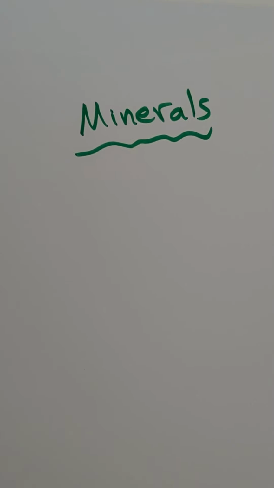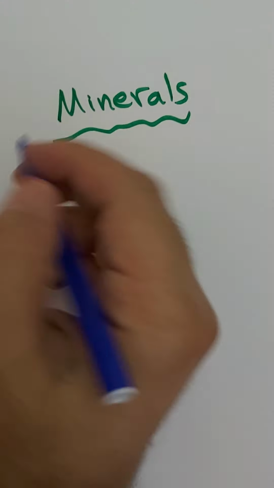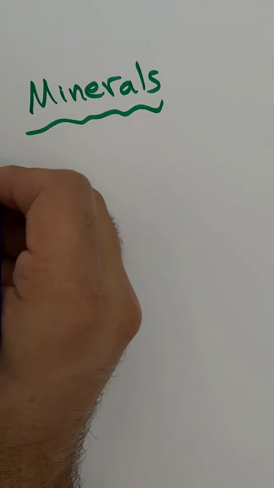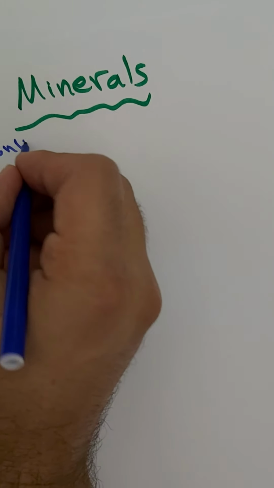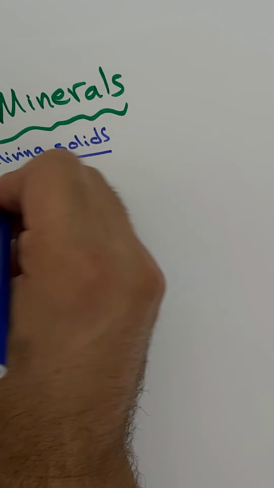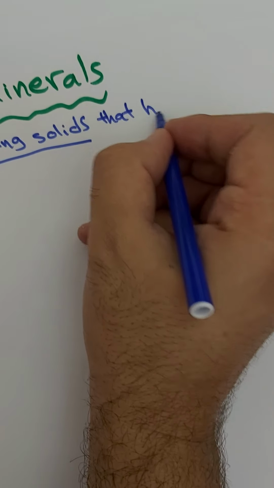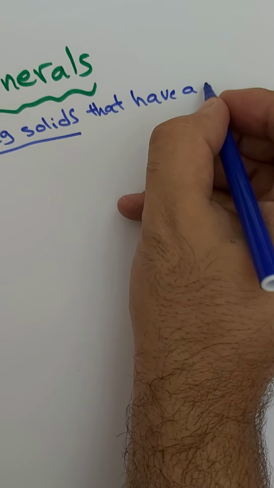Okay, when we learned about minerals in grade 4, we only defined minerals. And we said minerals are non-living solids. This is the first part, that have a crystal form.